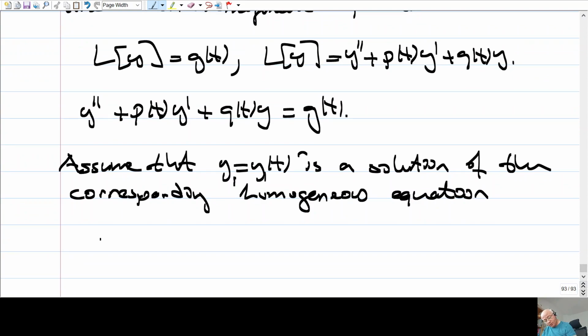What's that equation? This one. Ly equals 0.